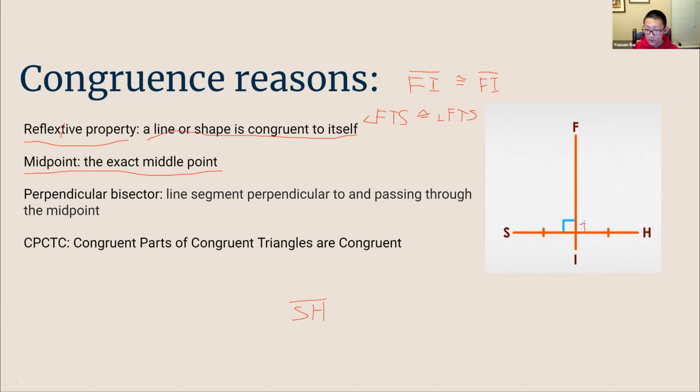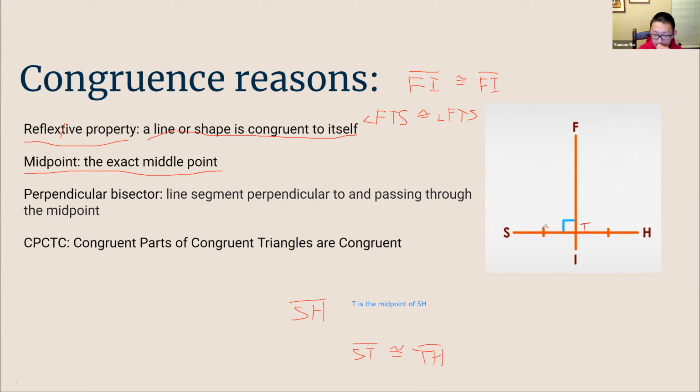T here would be the midpoint of SH. So if I were to write that out, T is the midpoint of SH, because we can see that the segments ST and TH are congruent.